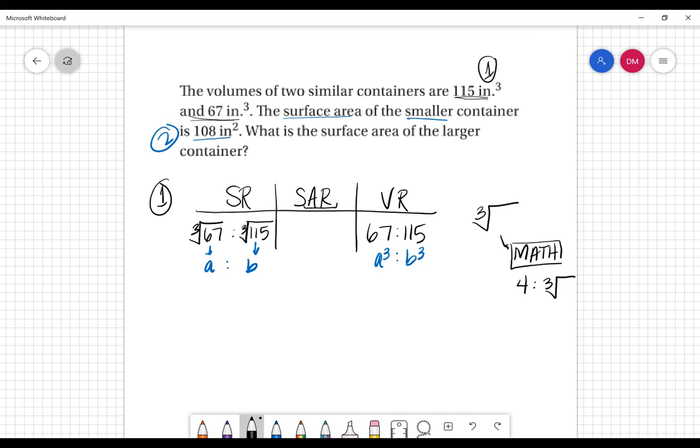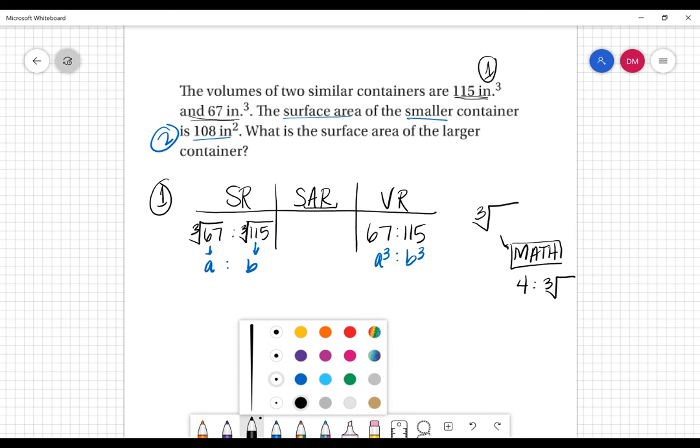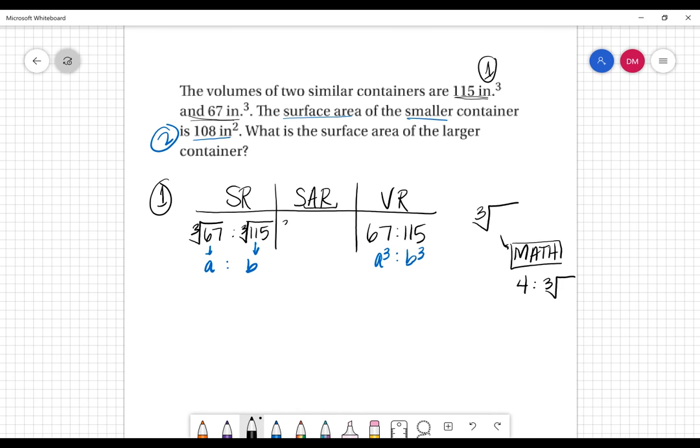Then for my surface area ratio, I would take the cubed root of 67 and square it, and I would get another not so nice number. And I would take the cubed root of 115 and square it. I could write my decimals here, but even though this doesn't look much nicer, at least I didn't have to use any rounding. I know that those are my exact answers.